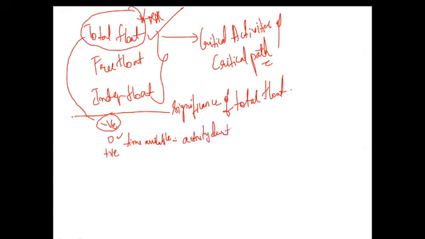When will the value of total float be positive? If the time availability exceeds the activity duration. The information about the degree of total float is very useful as regards the criticality of the activity.